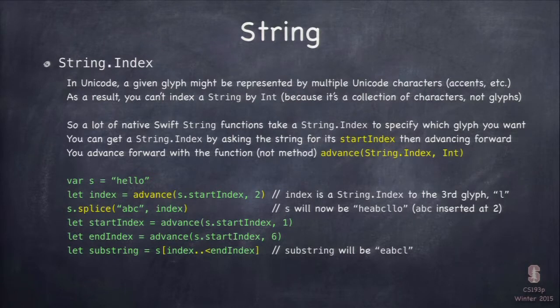So here I got a string dot index by doing this advance for the left and a string dot index on the right. And so the substring will be EABCL because I went from index 1, which is the second character, index 0 is the first, to index 6, not including index 6. Everyone understand string dot index now?